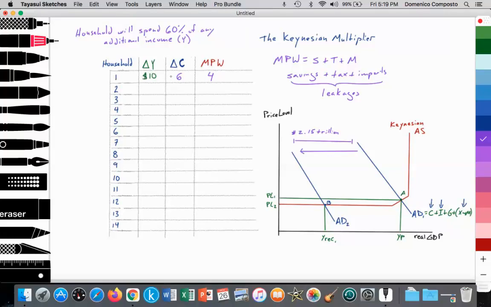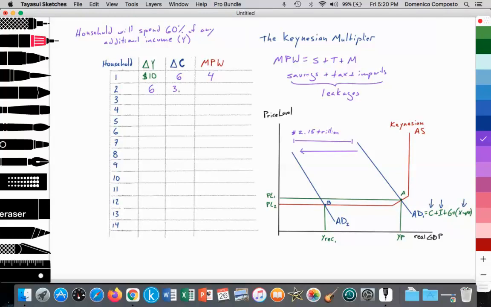When that first household spends $6, they're buying goods and services that perhaps will go to another household. Maybe it's going to another firm, but the entrepreneur gaining those $6 will bring it back to their household. So let's assume that additional spending of $6 goes to the next household. They get $6 thanks to household 1 spending 6. And from that $6, they're going to spend 60%.